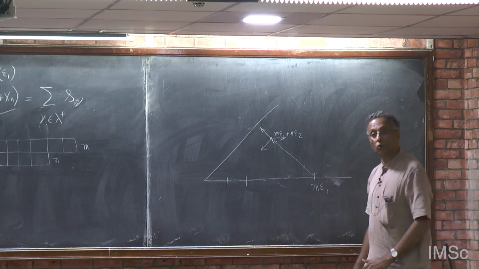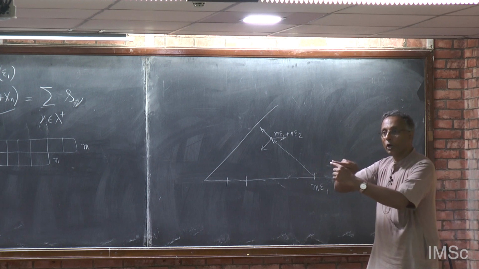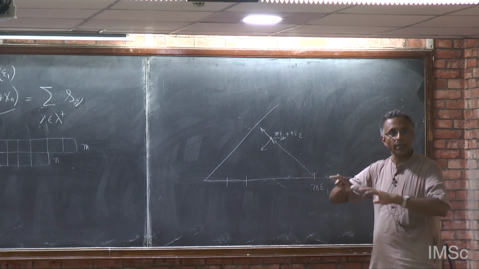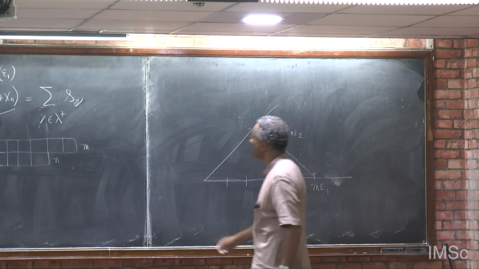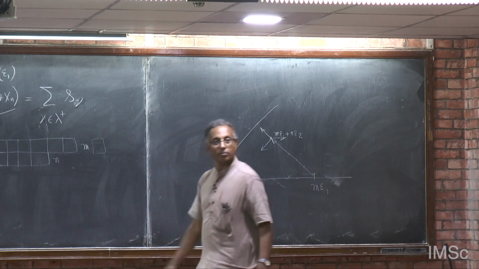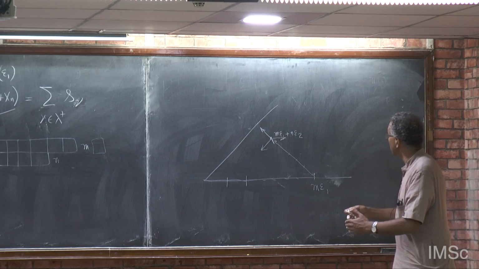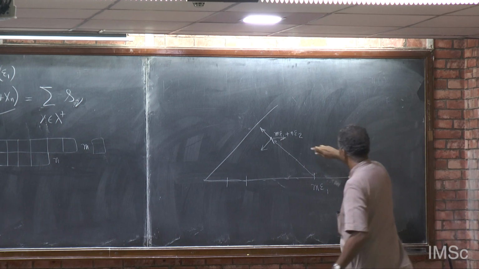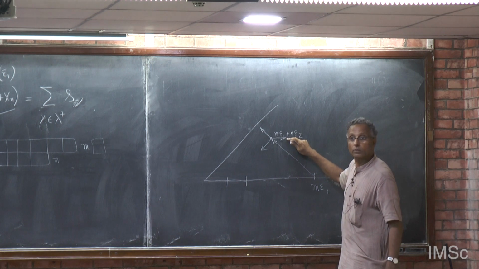Which of these are surely in the dominant weight chamber? If I go along the direction of epsilon 1, surely it's going to be in the dominant weight chamber. So that is adding it here. It will end at m plus 1 epsilon 1 plus n epsilon 2.